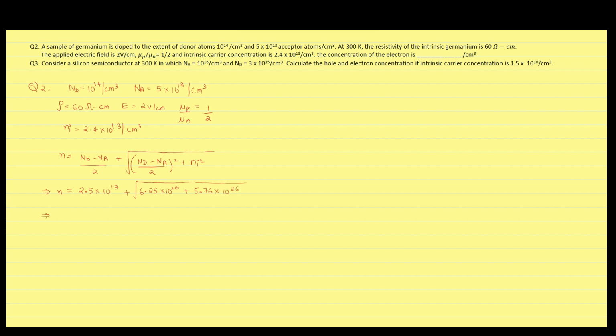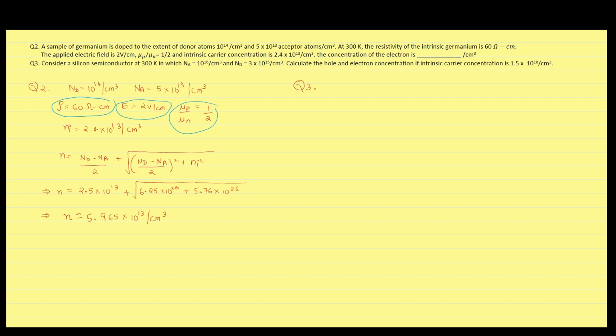After calculation, you will find the free electron concentration to be approximately equal to 5.965 into 10 raised to the power 13 per centimeter cube. This question was quite simple, and all this data like the resistivity, electric field, and the ratio was given just to confuse you, as all these values were not required for finding the answer.